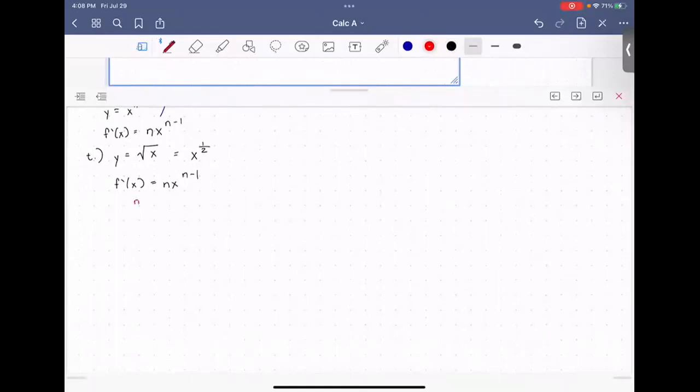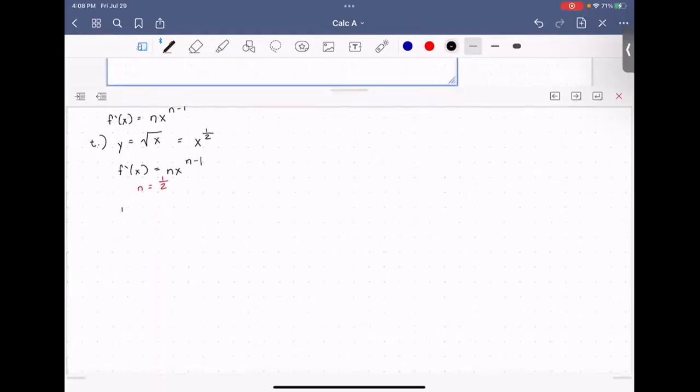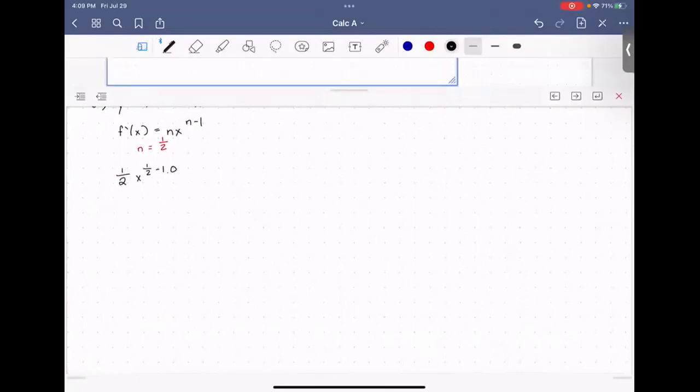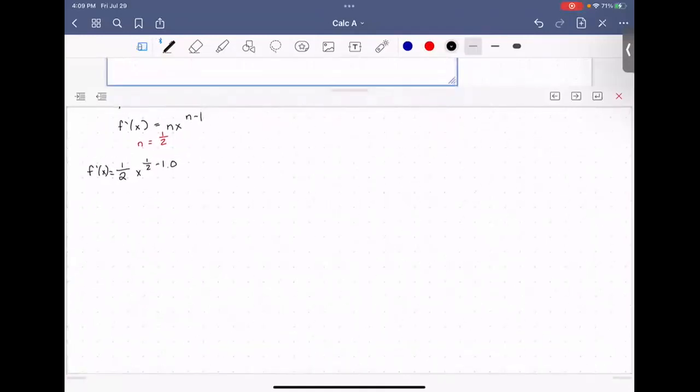We're going to set n equal to 1/2, and we're going to plug in our numbers, which is going to get us 1/2 x to the 1/2 minus 1, and then you can simplify this further by subtracting the 1 from 1/2.